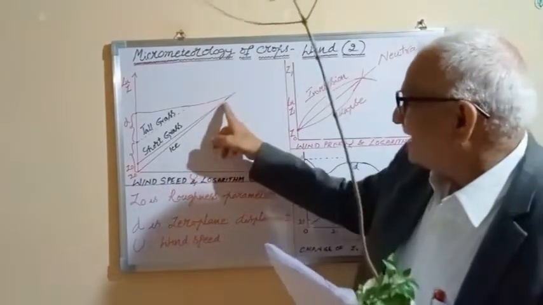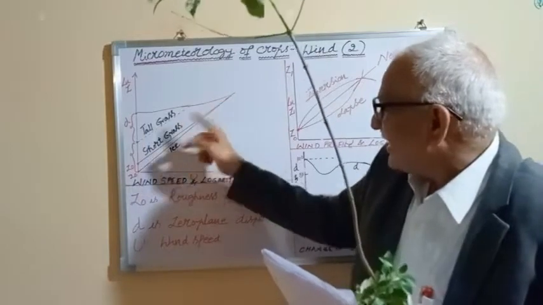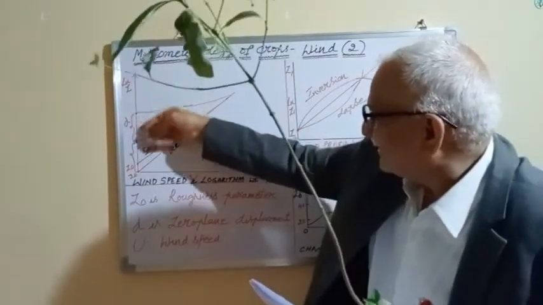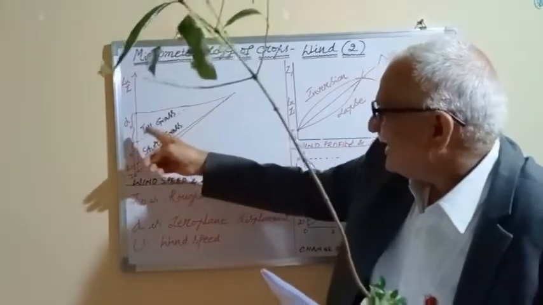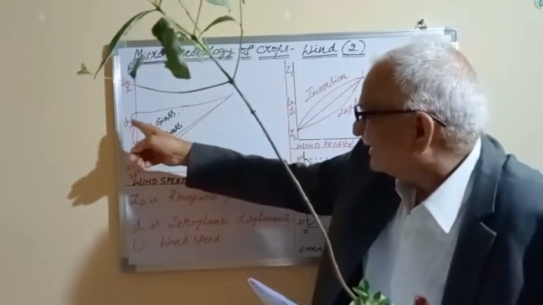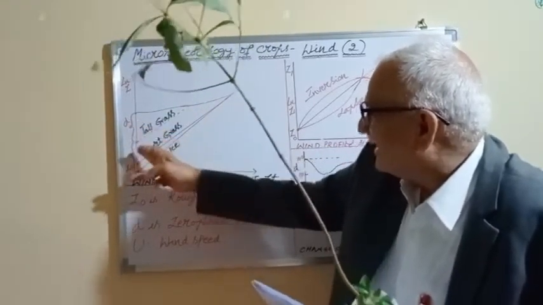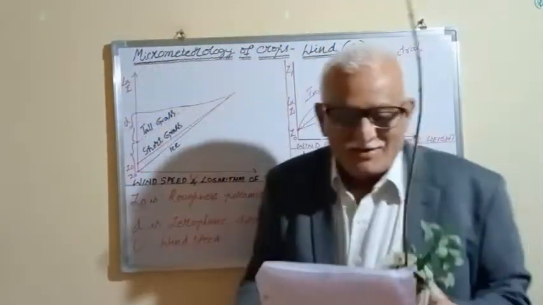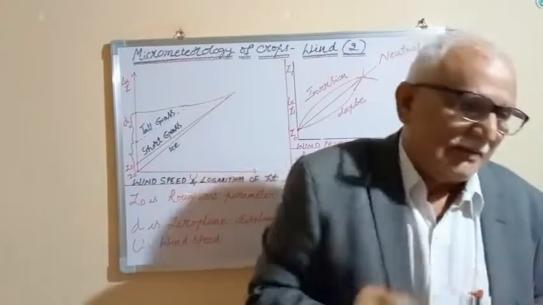How much is the departure from the straight line? The departure is known as the zero plane displacement. Zero plane displacement is the departure from the straight line of a curvilinear relationship. This bit will come for your academic interest.